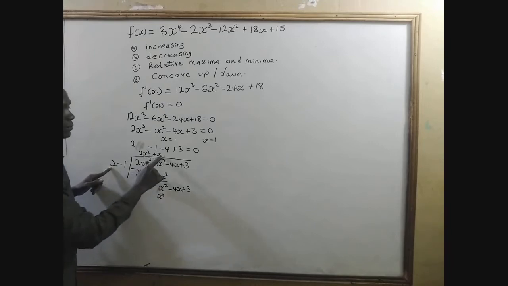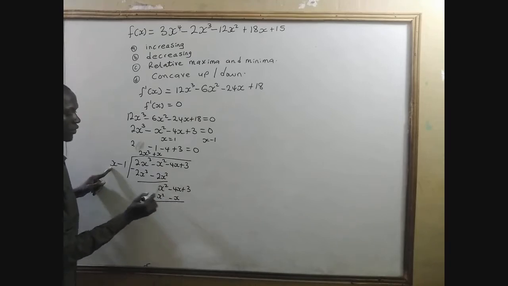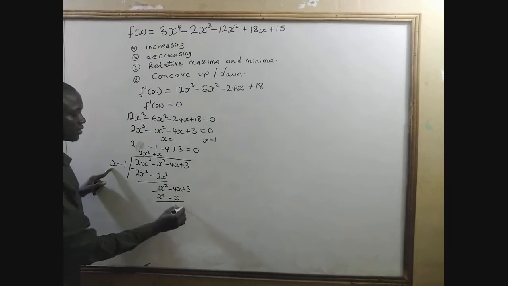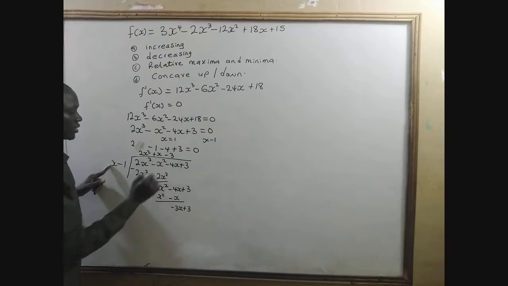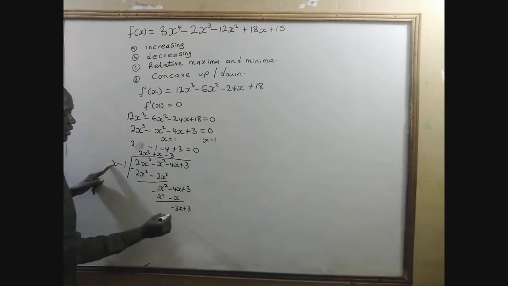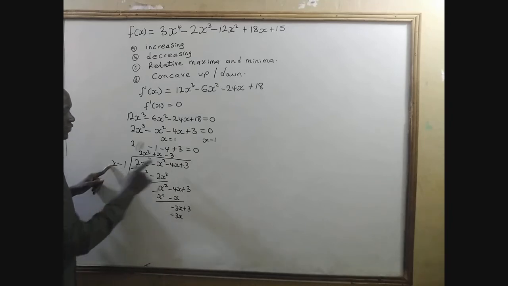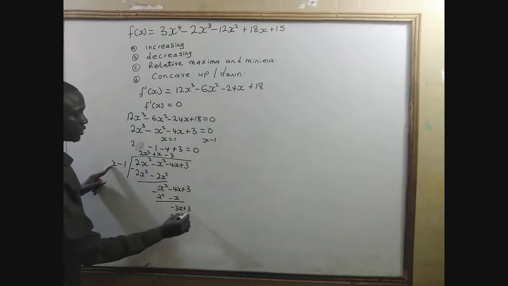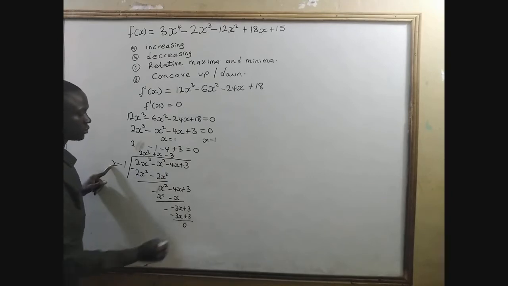Negative 1 times x will give us negative x. So if we subtract, we're going to get negative 3x plus 3. x will go into negative 3x, negative 3. x times this will give us negative 3x. Negative times negative will give us positive. So if we subtract this, we get 0.